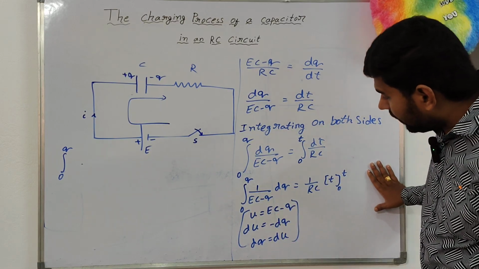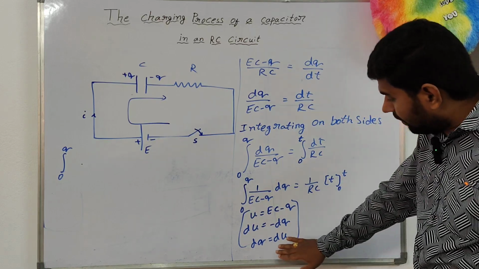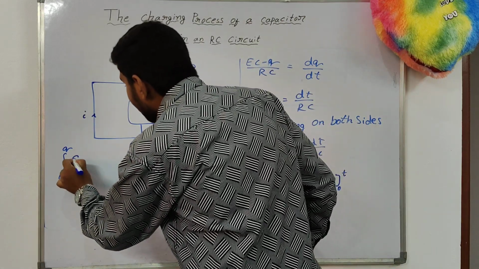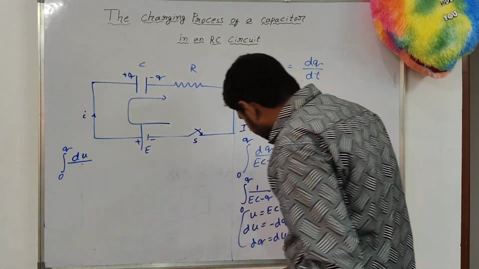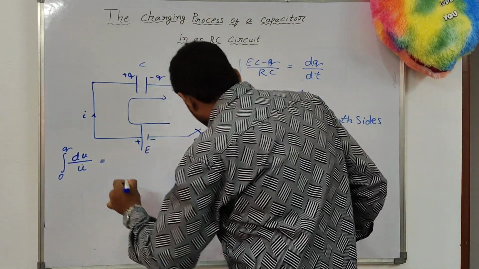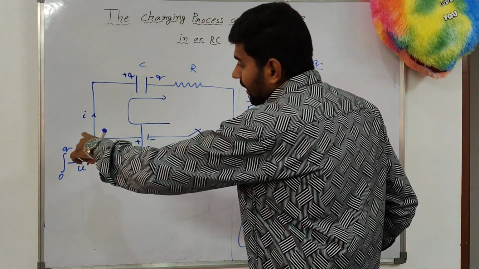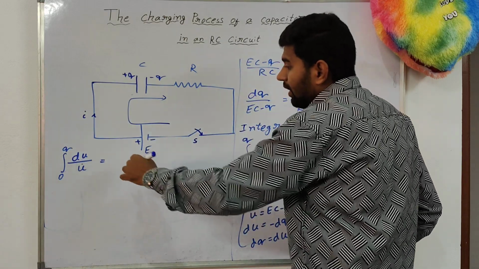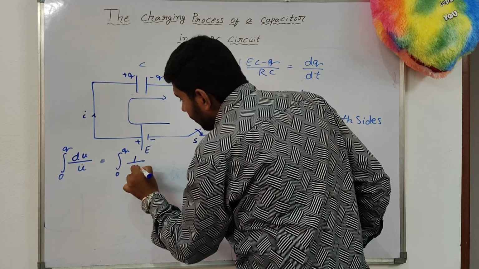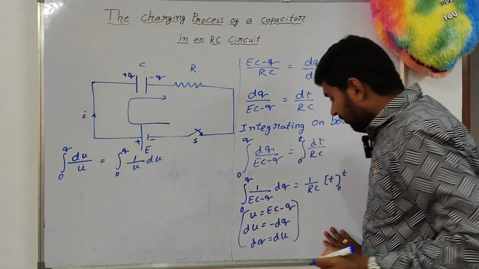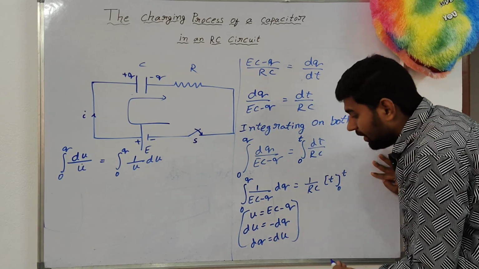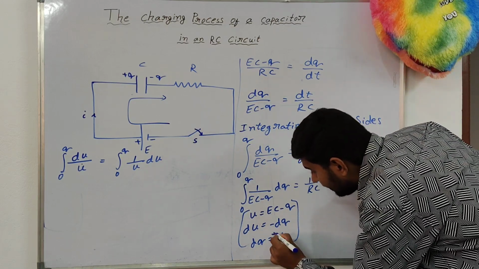Nothing but, how can I write it? The integral 0 to q of du by u, which is 0 to q of 1 by u du. If you observe, du is equal to minus dq, and from this dq is equal to minus du.